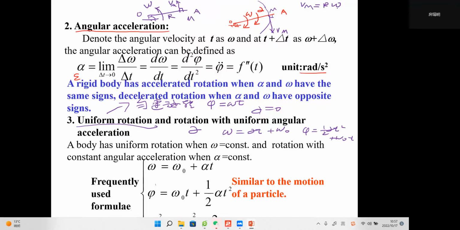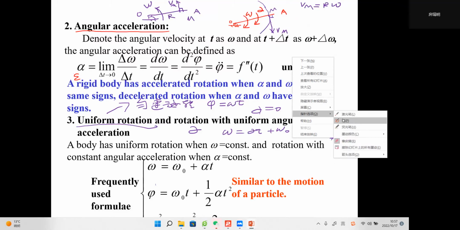And for the acceleration, I'm sorry, this is not alpha M, it should be AM.